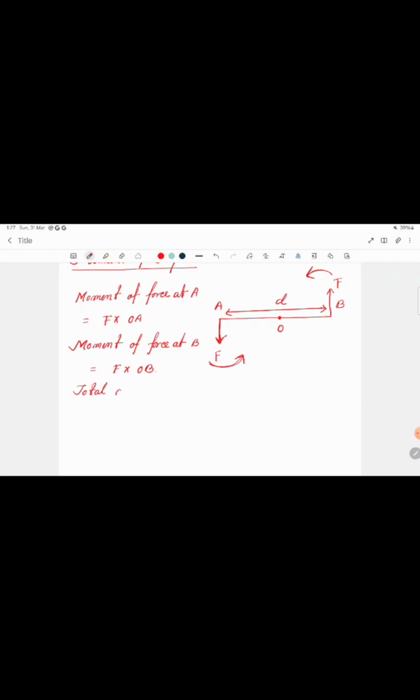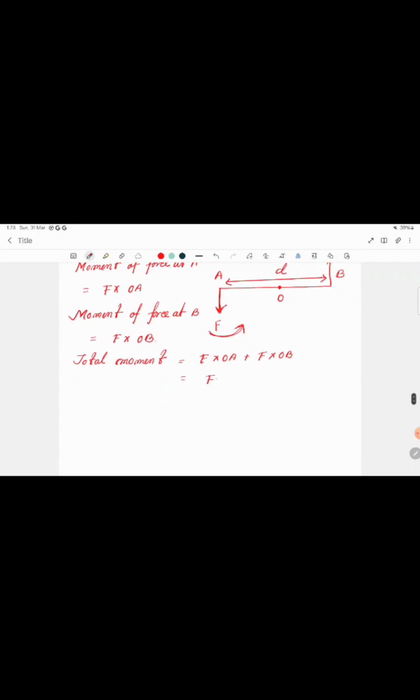So what about the total moment if we want to calculate? Total moment means F into OA plus F into OB. So we can write F into (OA plus OB).